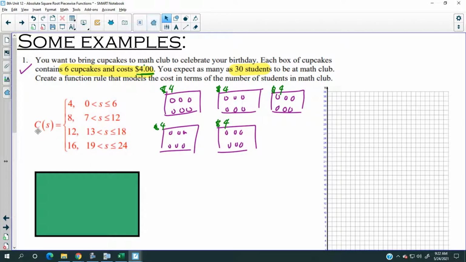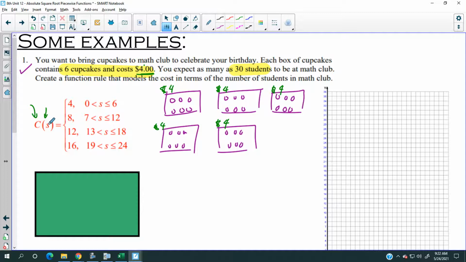Okay, right? So the cupcake, now again, the functional notation here is written very well. Hold on. Right, so the function is right here. Let's see, the cost in terms of the number of students.